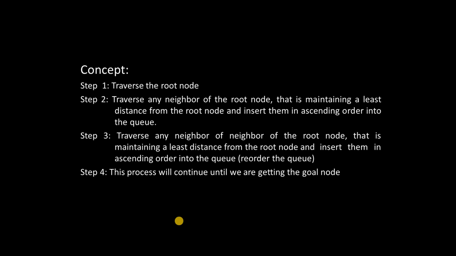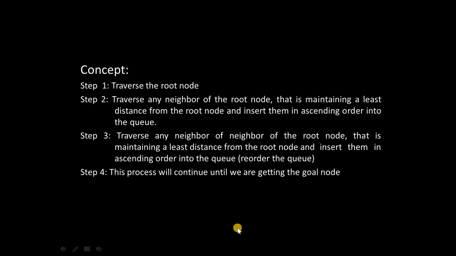First we are traversing the root node. Just recall the concept of breadth first search. We have mentioned the same thing: traverse the root node. We take the root node and check whether it is the goal node. If it is not, then we traverse the neighbors of the root node.